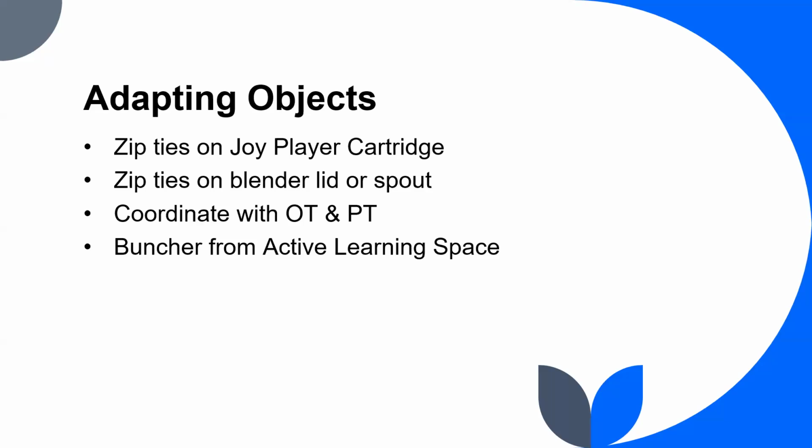And then this next part, adapting your objects. I did my national board certification, and for that I had to do some video of my instruction. One of the instructional videos I did was a functional routine with a student who can see but has cortical visual impairment and doesn't speak.